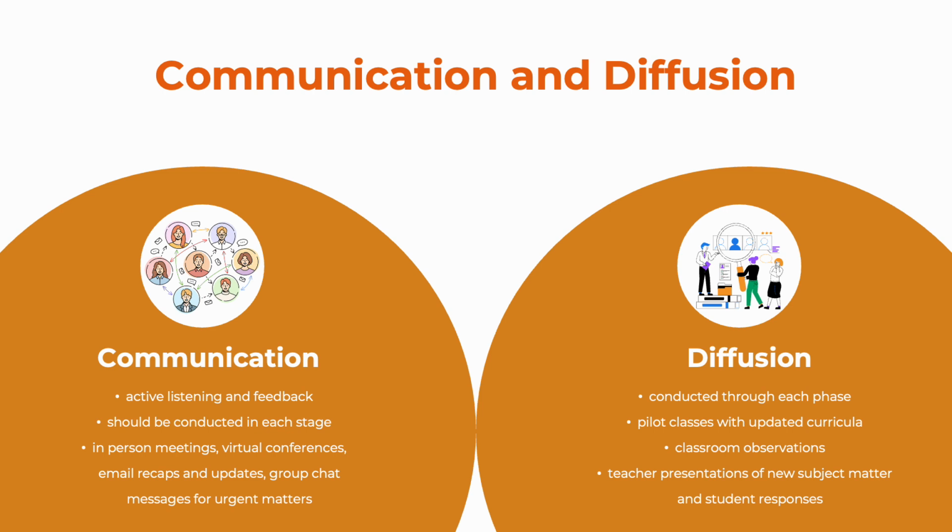The frequency of communication can vary depending on the group of individuals that are using the model. However, it is recommended to remain on task every week with a weekly update and keeping a monthly update on the project progress. The diffusion should be conducted once again through each phase as well.